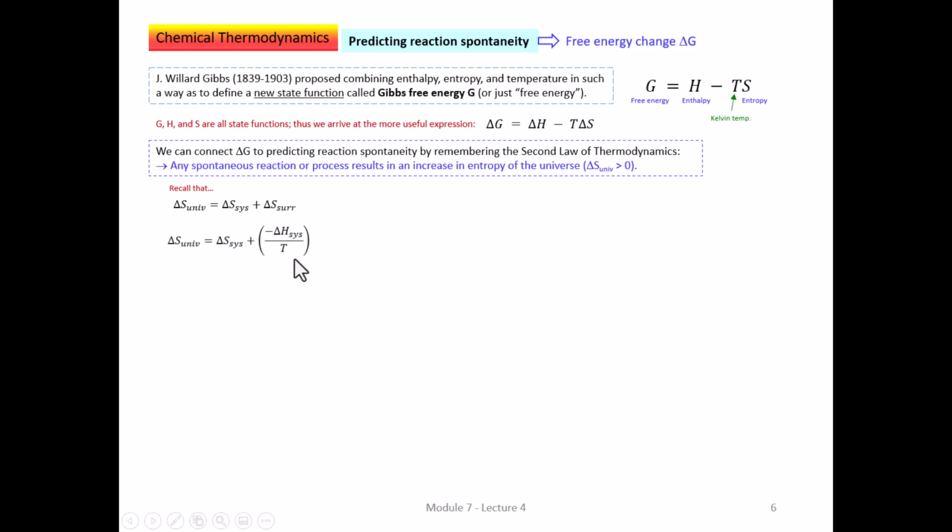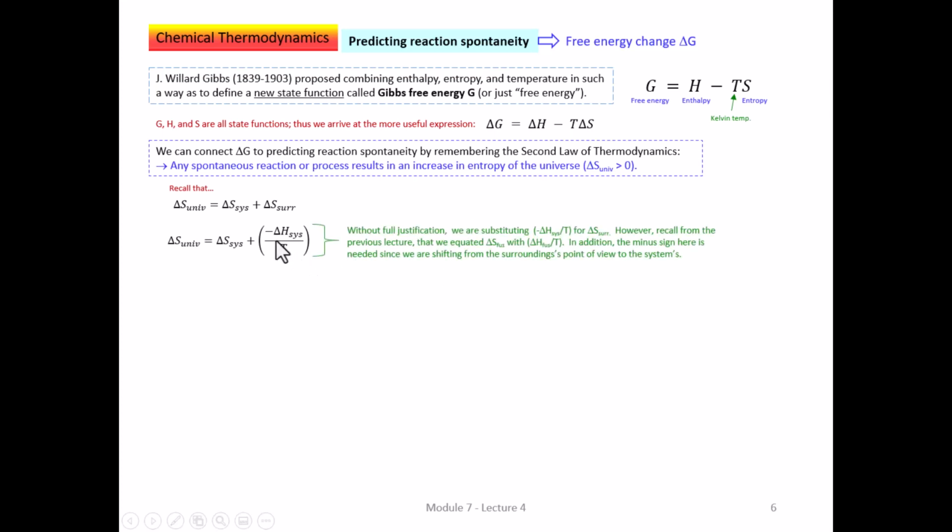I'm now going to make a substitution which seems rather arbitrary. I'm going to substitute minus delta H of the system over the absolute temperature for delta S of the surroundings.